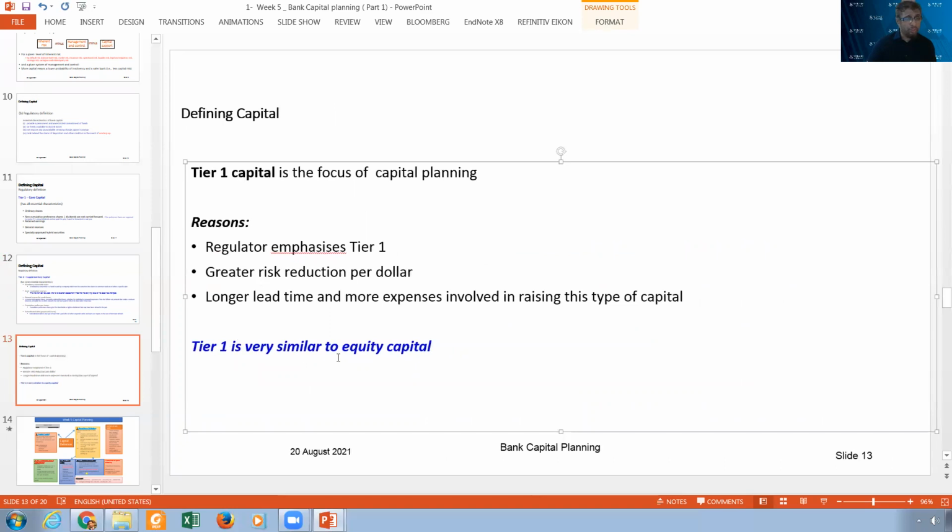And it looks like equity capital, as I explained to you. Regulators' concentration is also not only on tier 1 capital, but also on tier 1 and the equity capital.